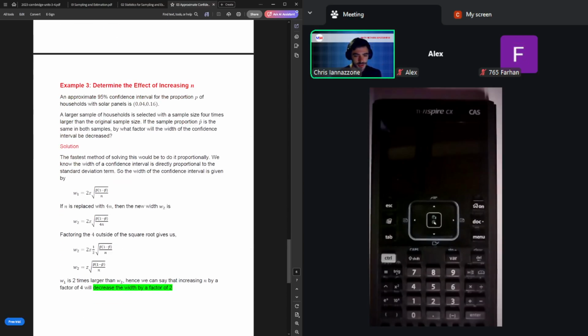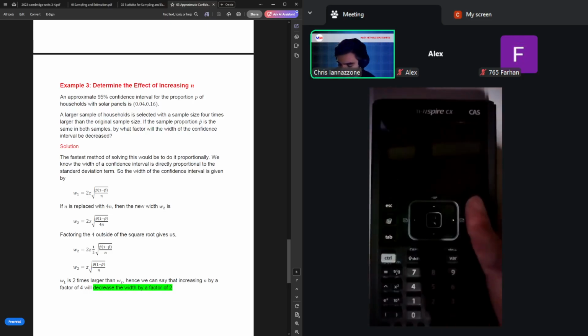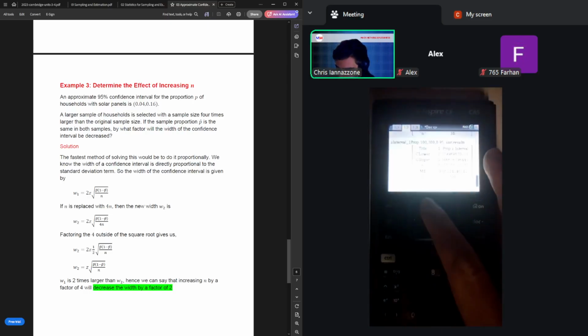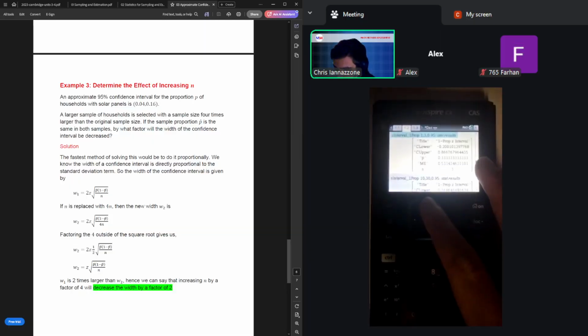The other question that shows up in the short answer part of the extended response of the tech active is to determine the effect of increasing n. We already explored this when I was increasing n by a factor of 10 a bunch of times. The width between the upper and lower bound was shrinking.